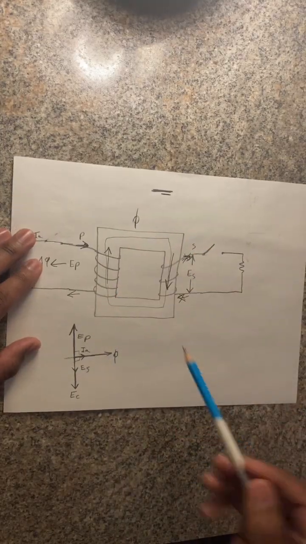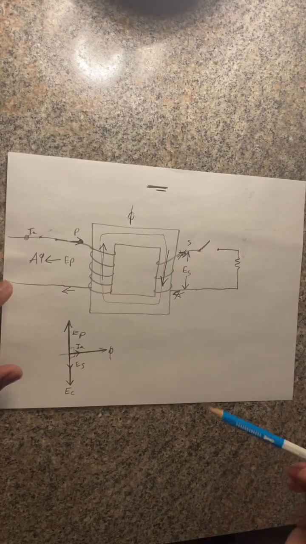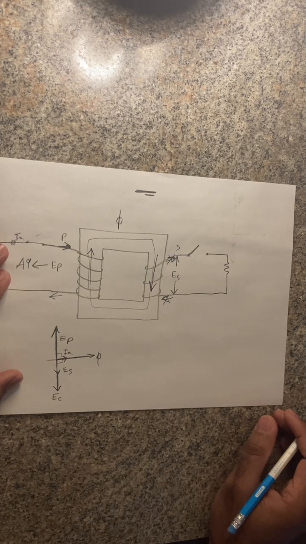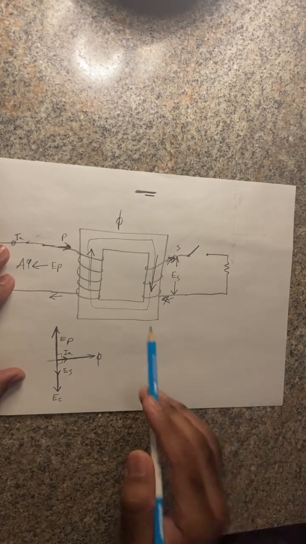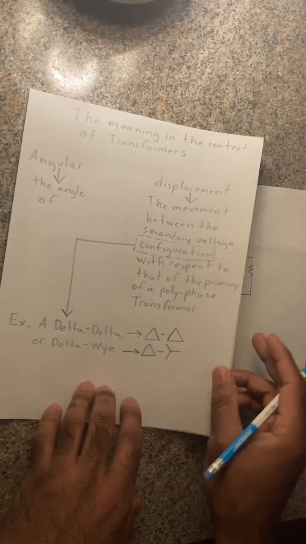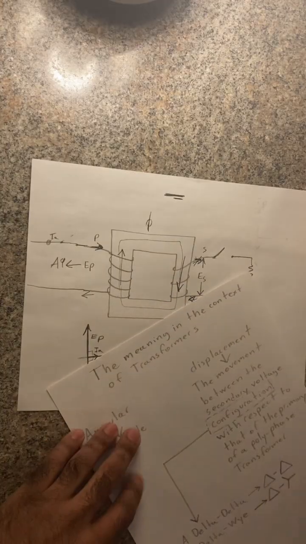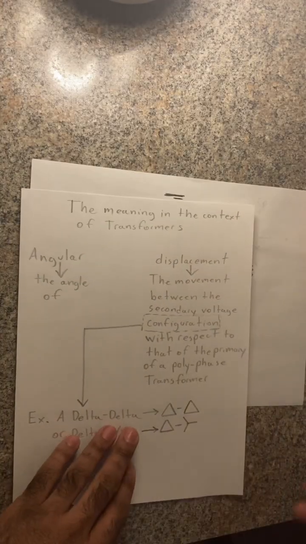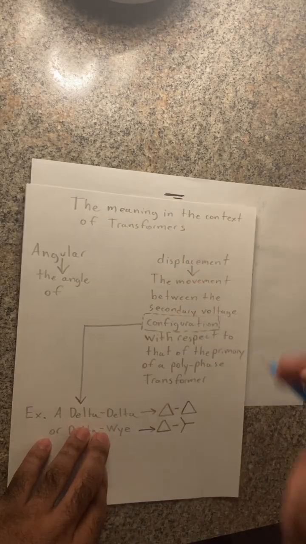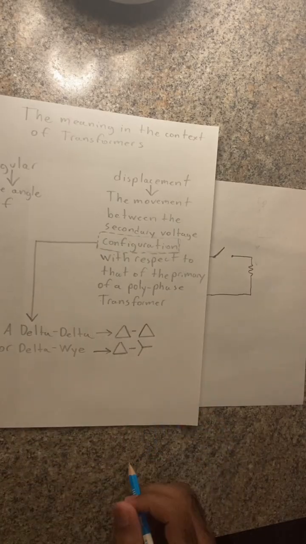The reason why we mention this here is that it is clear from this basic understanding that there is no angular displacement when we are talking in reference to the single phase transformer. Because the same flux from the primary also cuts the secondary, the voltages from the primary and the secondary will have the same relative location.